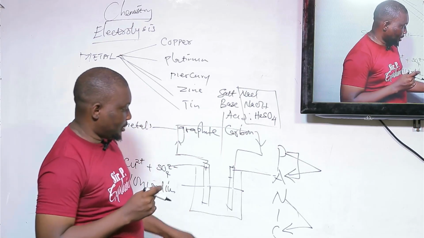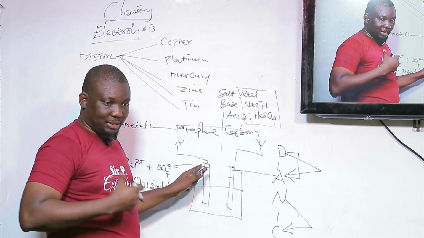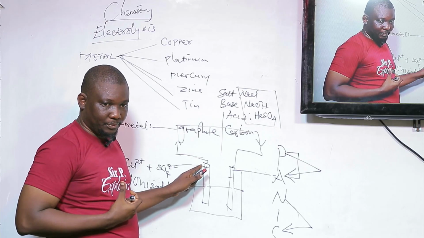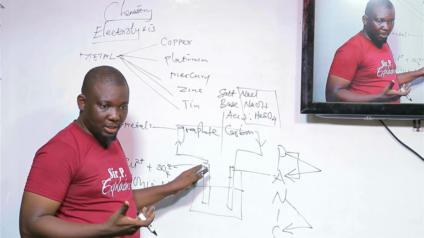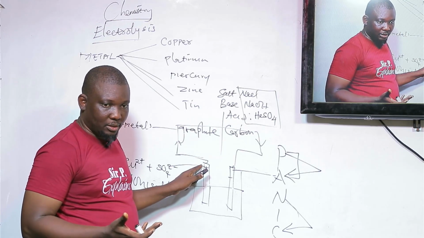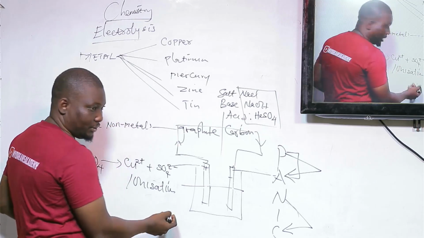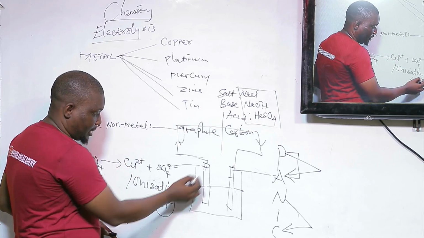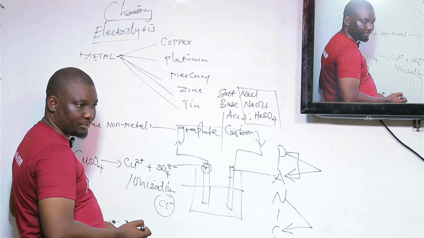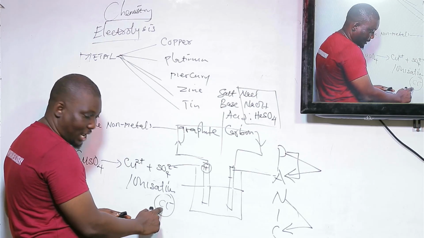Since the anode is positive, it attracts negative ions. Because what happens to unlike charges? Do they attract or repel? Unlike charges attract. That's why this side will attract negative ions, like chloride ion, which is attracted towards this pole. It is called an anion.